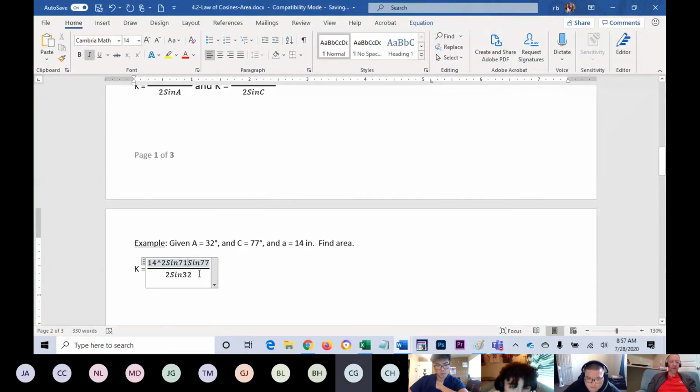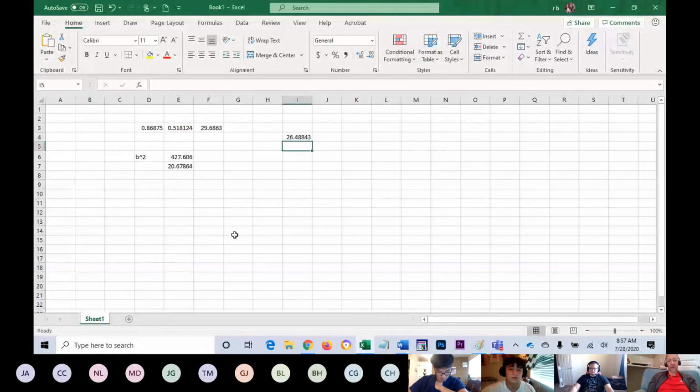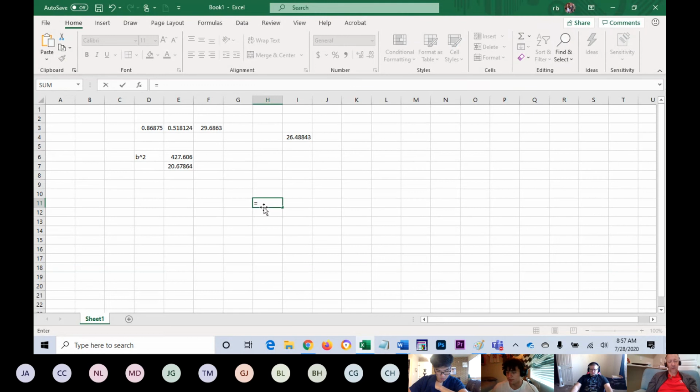Okay, so I wonder if I can type this in here to my calculator. Oh, that actually worked pretty well. I need to put a multiply here and a multiply here and a multiply here.